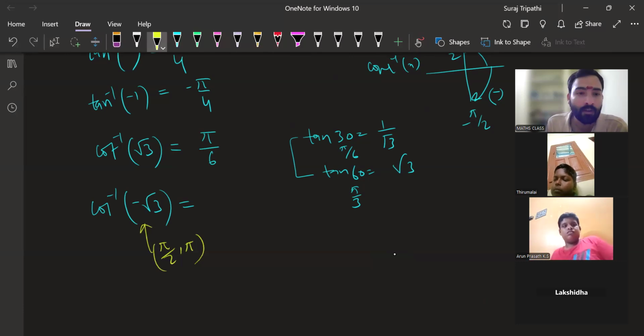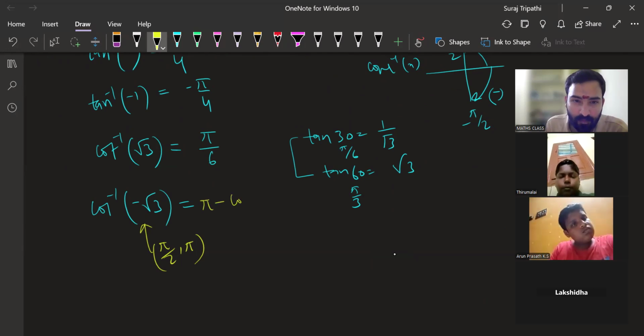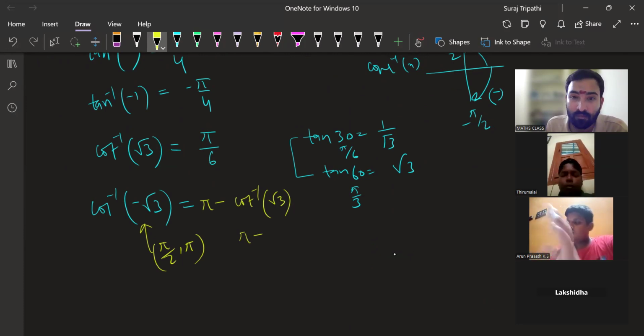So if a negative value is given, you can write pi minus cot inverse of the positive value, root 3. So what is the value of cot inverse root 3?